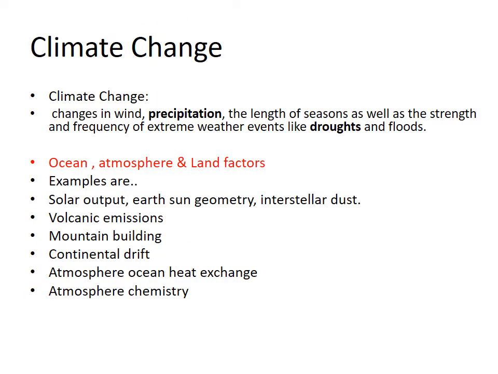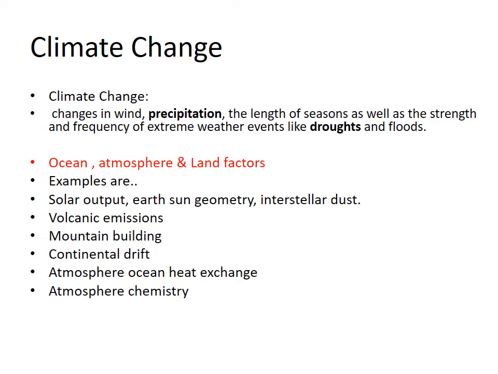Climate change. Climate change can also occur as a result of global warming. Changes in wind, precipitation, the length of the seasons, as well as the strength and frequency of extreme weather events like droughts and floods.